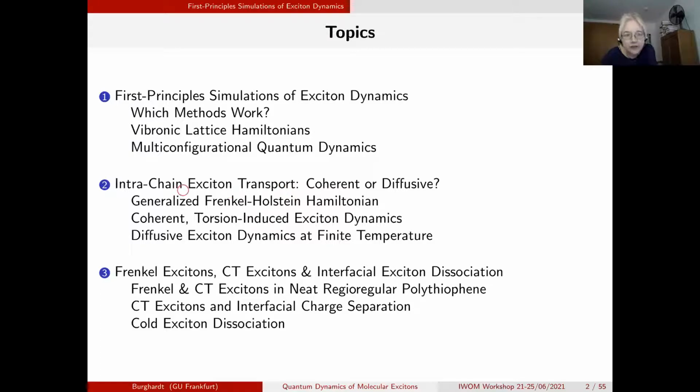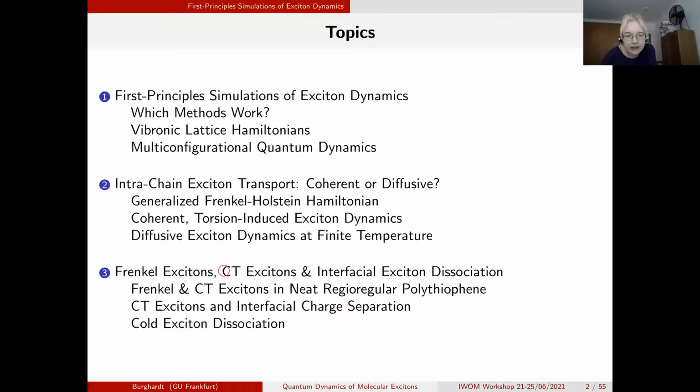One is about intra-chain exciton transport, like coherent or diffusive. And I will show how we move to a generalized Frenkel-Holstein type Hamiltonian, and we compute coherent torsion-induced exciton dynamics at finite temperature.